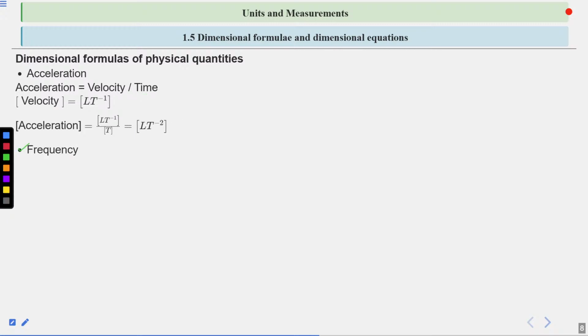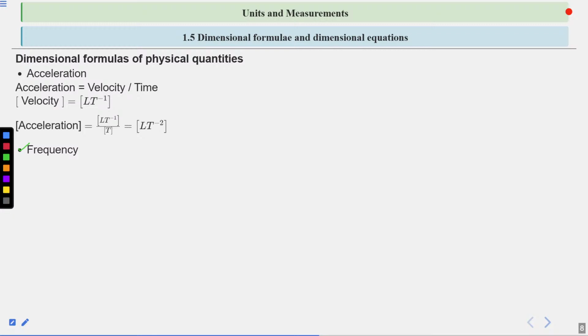Second is frequency. What is the dimensional formula of frequency? Before deriving it, the question arises: what is the formula of frequency? Frequency is the reciprocal of the time period. Yes or no?